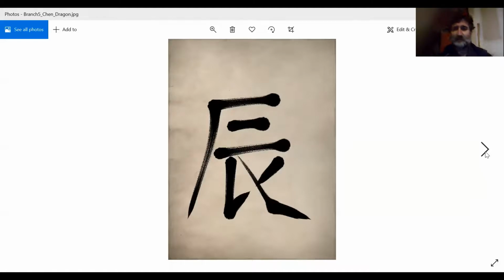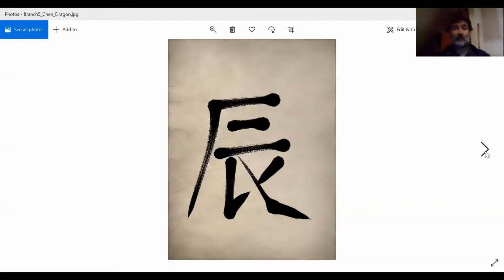Dragon. So dragon, this is native yang earth. So dragon is full emergence, like everything all the way out.